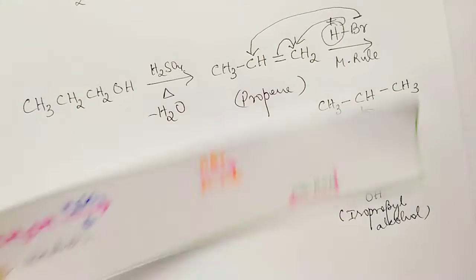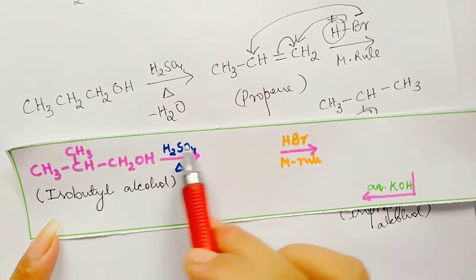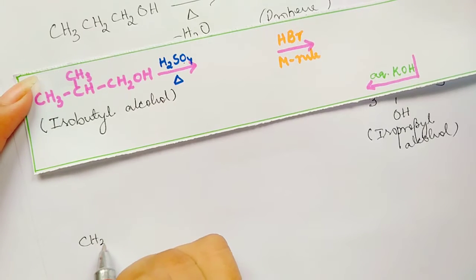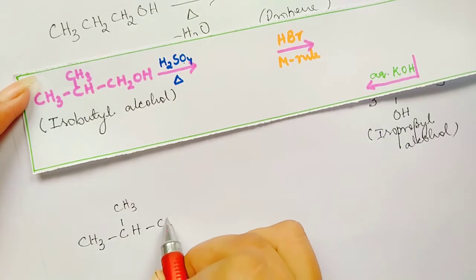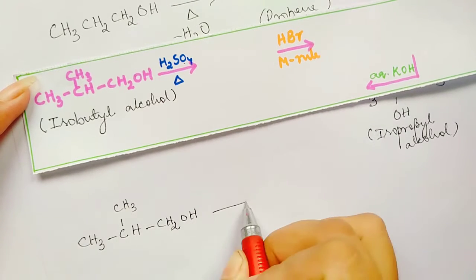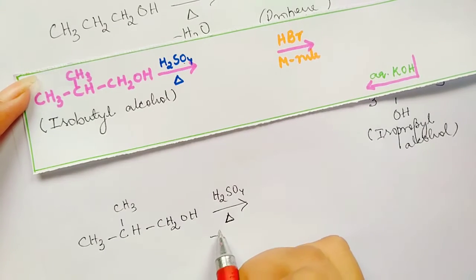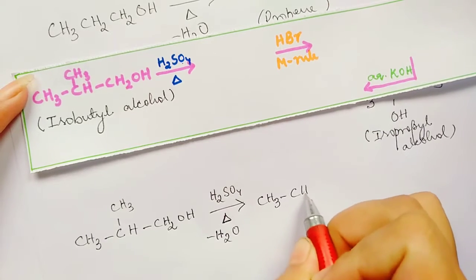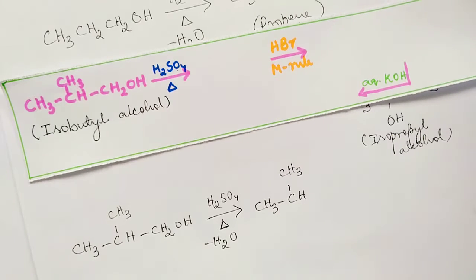Let us come to the second one. Here we have isobutyl alcohol, CH3, CH, CH3, CH2, OH, with a dehydrating agent. So again, dehydration takes place. There is a loss of a water molecule and you get an alkene, CH3, C, CH3, double bond CH2.